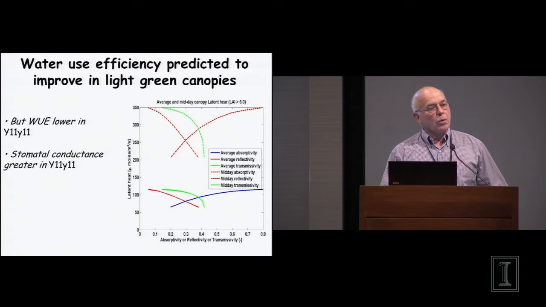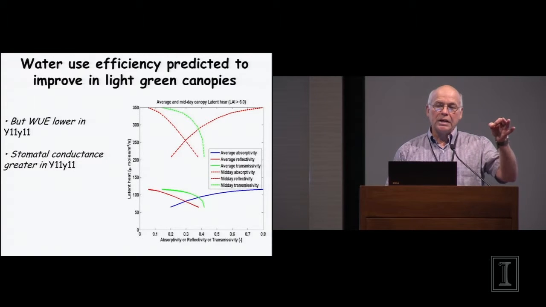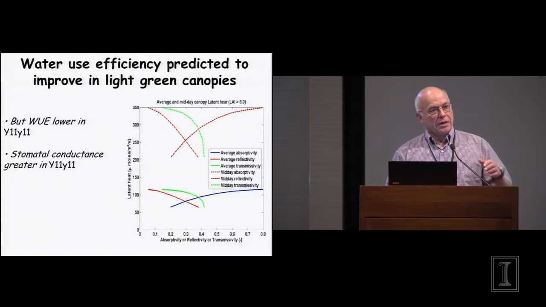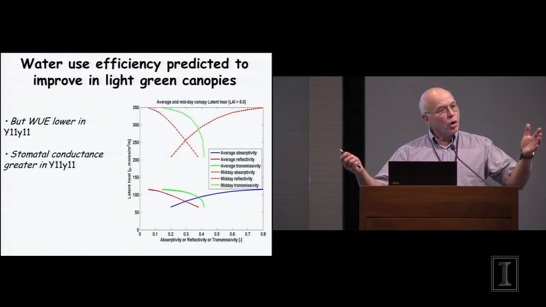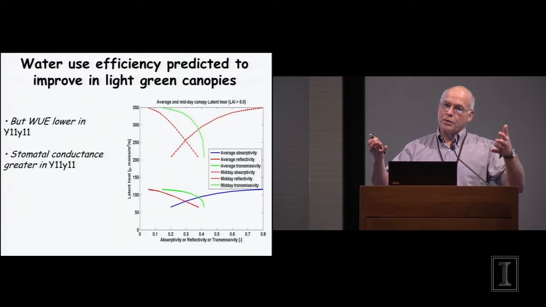And we think that this lower water use efficiency is due to something else we didn't expect, and that is a much higher stomatal conductance. Stomates are these pores in the leaves that regulate water loss and CO2 uptake. When plants are under situations where they have abundant water, they're able to open these stomates, use a lot of water to take up the scarce CO2 out of the atmosphere.